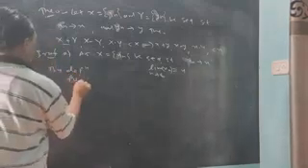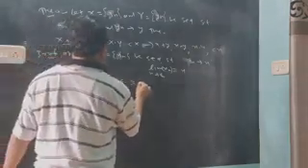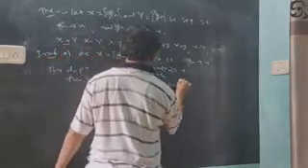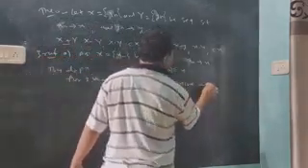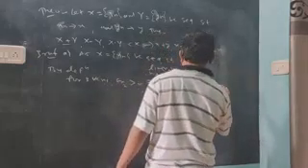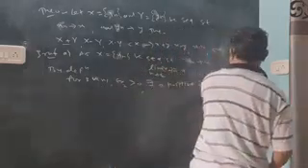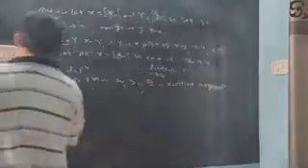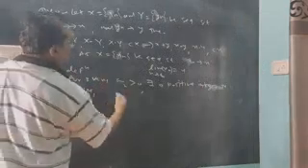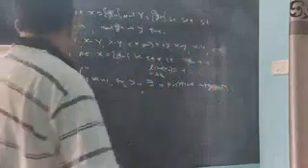For every epsilon by 2 greater than 0, there exists a positive integer m1, and m2 I use here, such that for n greater than m1, there are two sequences here, first is xn, second is yn, that's why two different numbers.